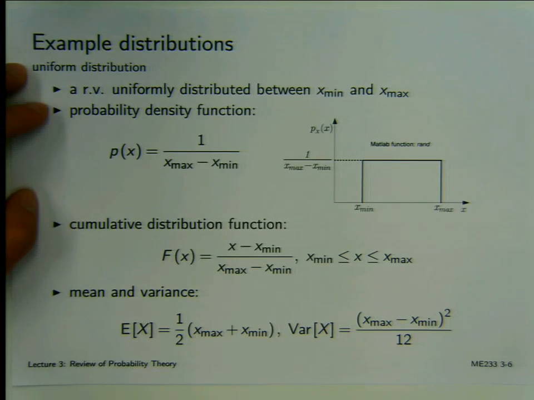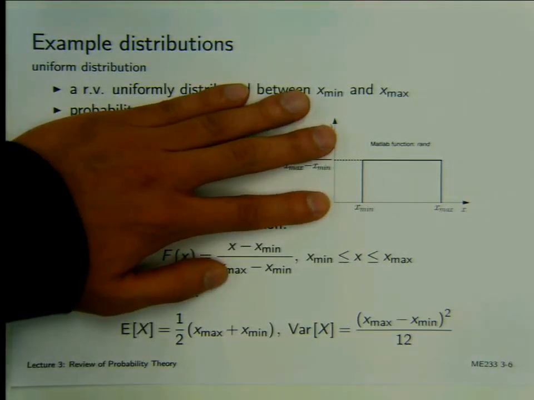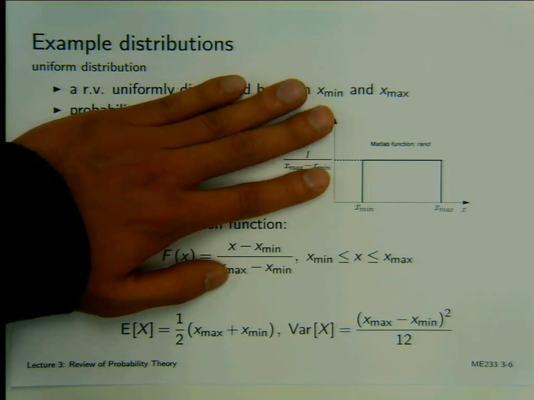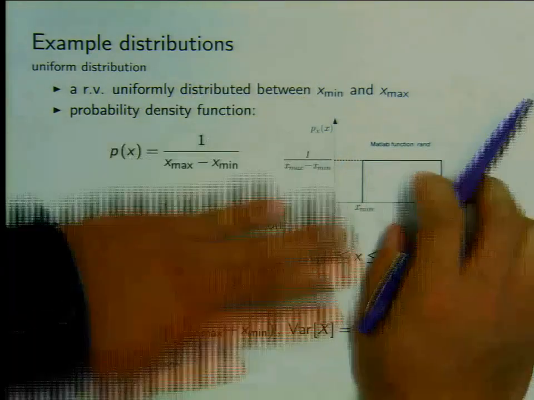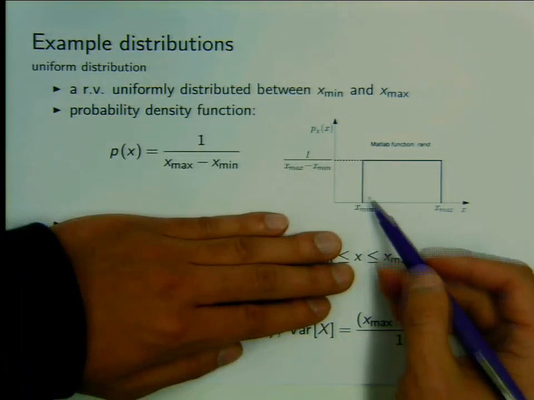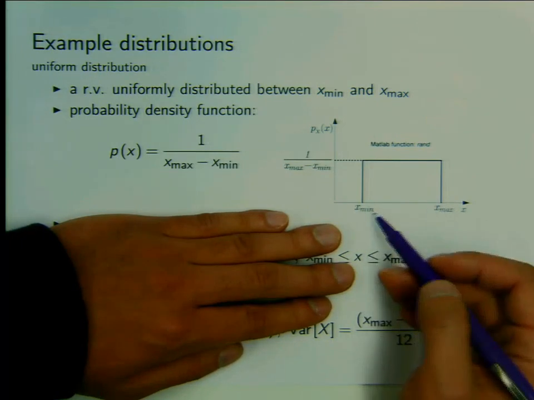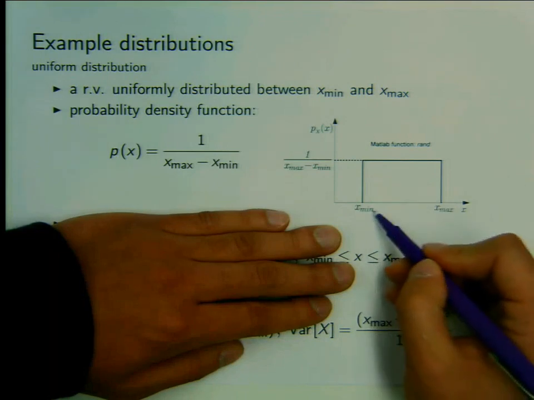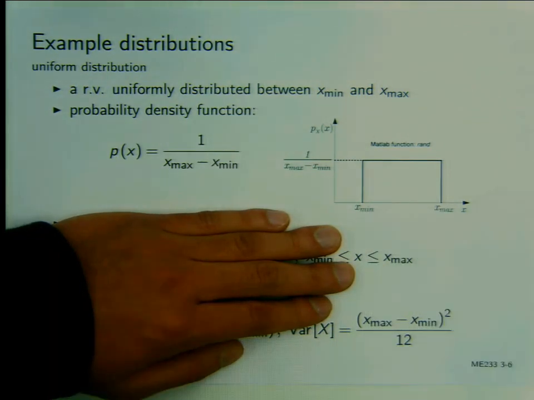Okay, example distributions. There are a fair amount of distributions that are important and useful in practice. The first one is the easiest one: the uniform distribution. Uniform distribution means the random variable can take values with uniform possibilities in some region from x min to x max, okay?